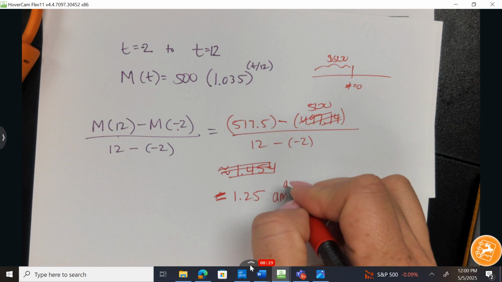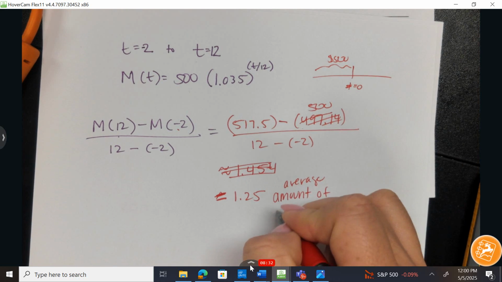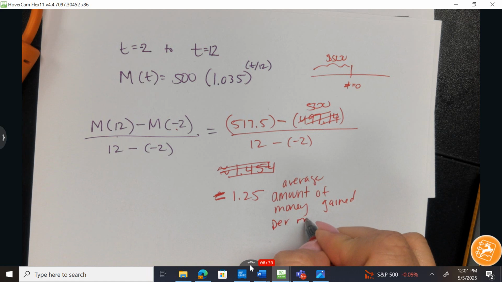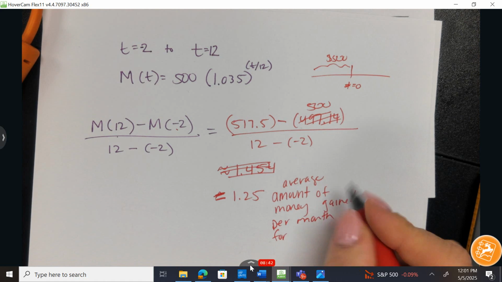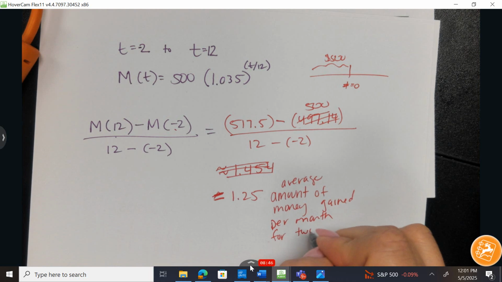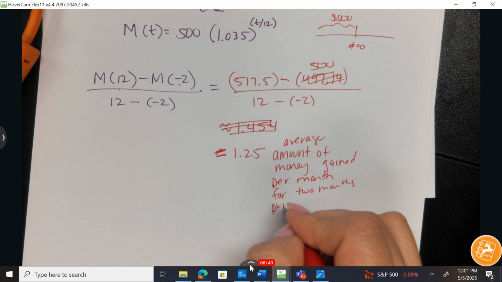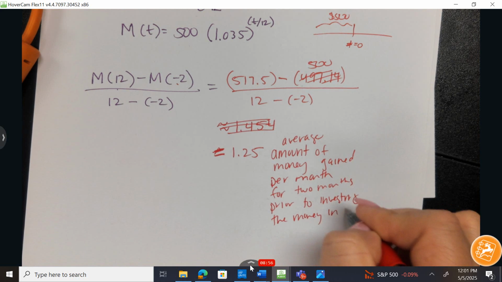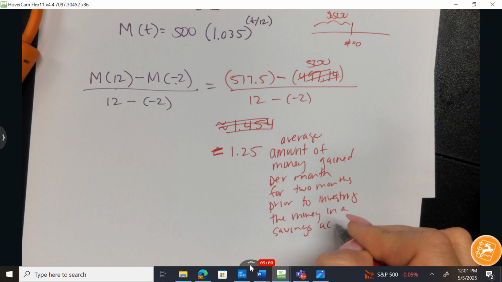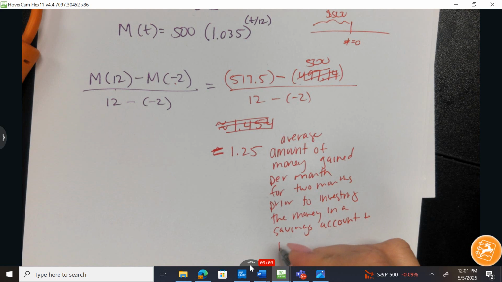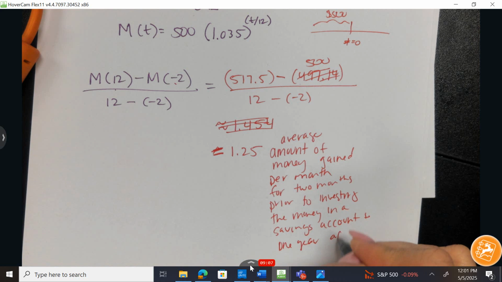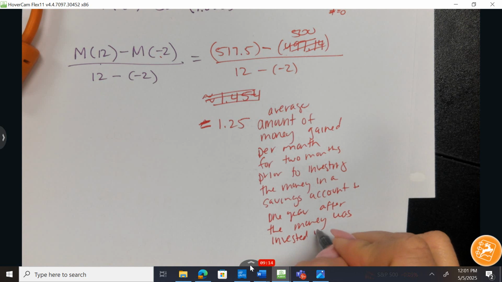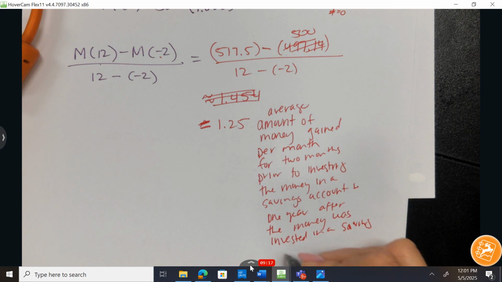Okay, this is the average amount of money gained, because it's positive, per month from 2 months prior to investing the money in a savings account to 1 year after the money was invested in a savings account.